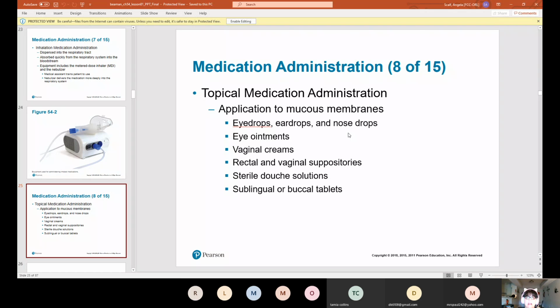All of these medications are being directly administered or delivered via mucous membrane. And because you think about the inside of the eye, under the tongue, right, vaginally, as a mucosal membrane.